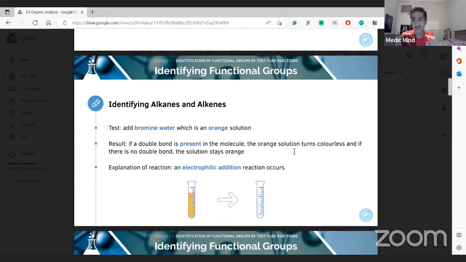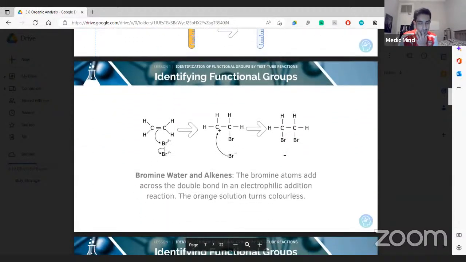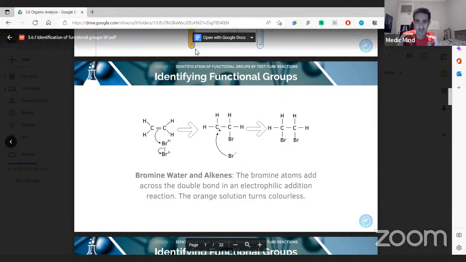And again, this is due to the double bond undergoing an electrophilic addition reaction, where the bromine is added, forming a haloalkane. Easy. So it's an electrophilic addition reaction. We'll cover a little bit more of that in our next couple of sessions.